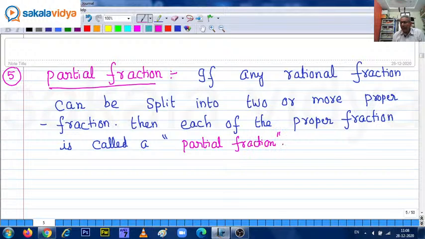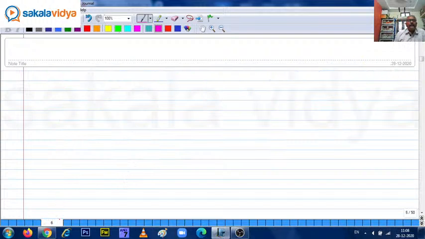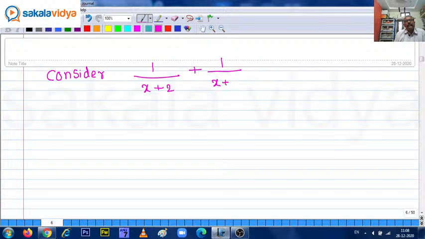So let us discuss more about this one. Now consider two proper fractions. One is 1 upon x plus 2 plus 1 upon x plus 3. Add these two.